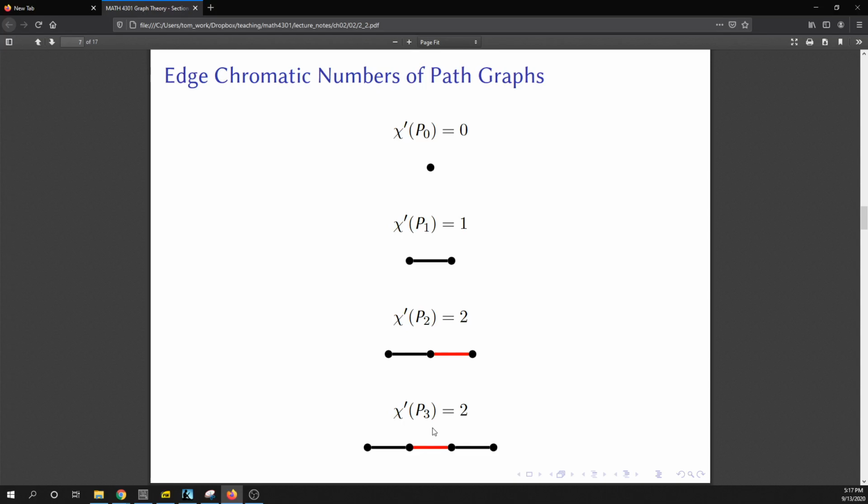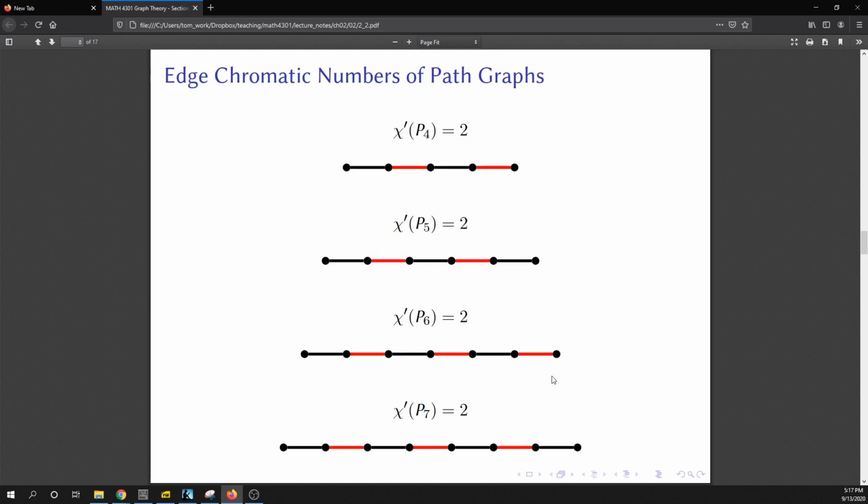With the others, they're all 2 as well, because you could just alternate the colors as you go down the path. And it's pretty obvious you couldn't do it with one color because you'd have 2 adjacent edges colored the same color at any of these vertices that are not end vertices. So all of these are 2.